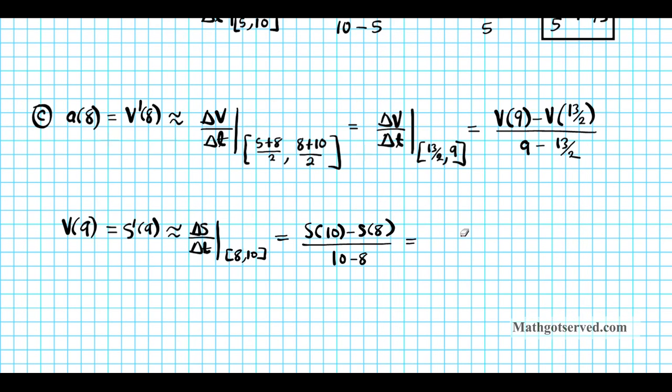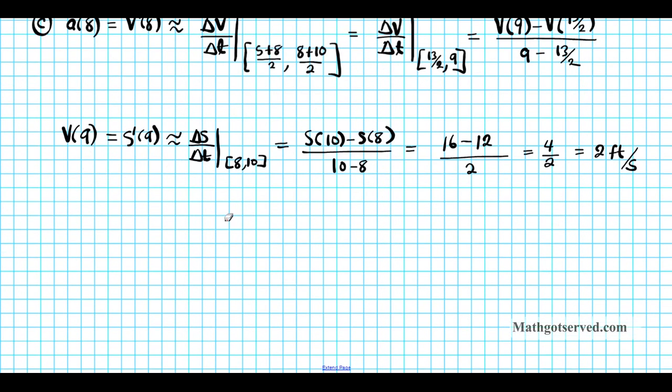So that's going to be 16 minus 12 using the chart, over 10 minus 8, which is 2. This simplifies to 4 over 2, and it reduces to 2 feet per second. So this is your average velocity at t equals 9. Okay, it's an approximation.